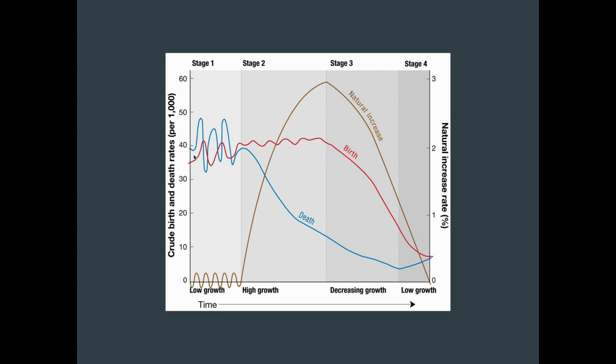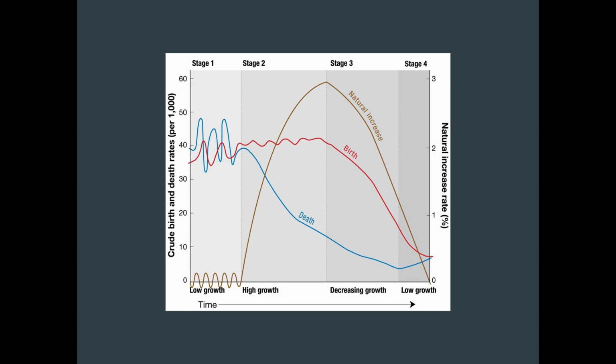During the low growth stage, you see this up and down, not really a natural increase, because the deaths and the births are relatively the same, or the deaths actually are greater than the births. But then as we move into stage 2, which is that first pyramid, the one that actually looks like a pyramid, you start to see death rate decrease.